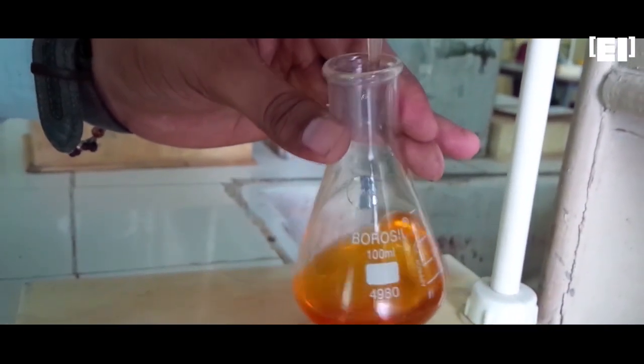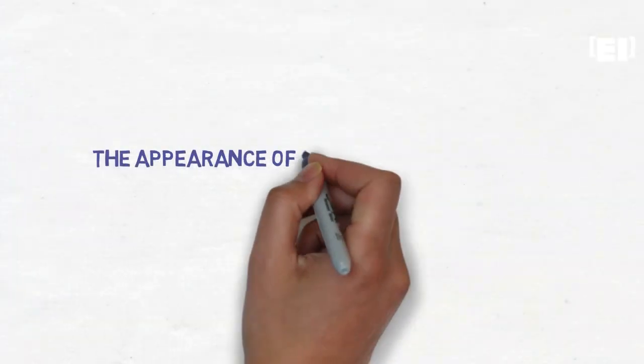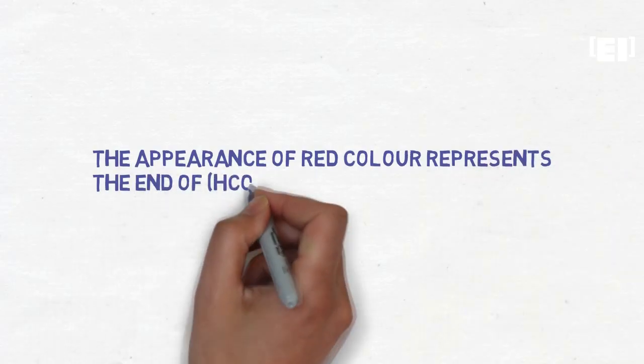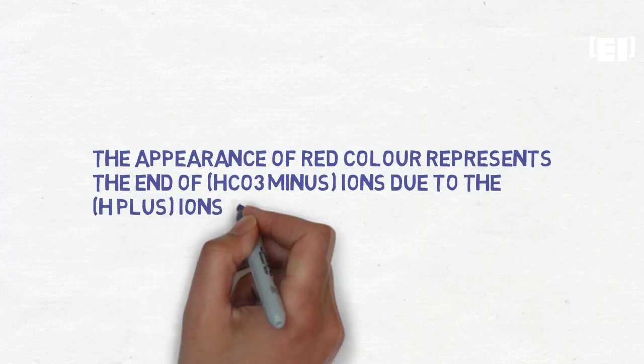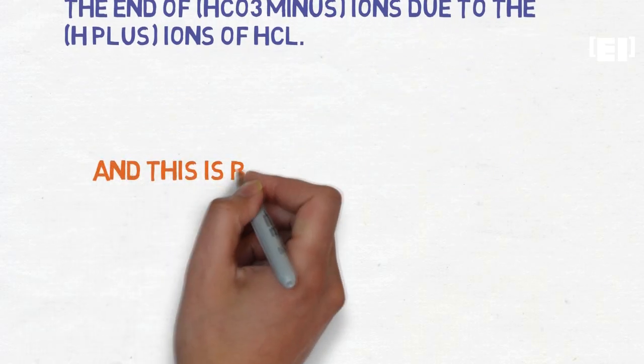So let's see what's happening inside. As we know, the solution contains only bicarbonate ions. The appearance of bright red color marks the end of these ions, and this is represented by the following reaction.